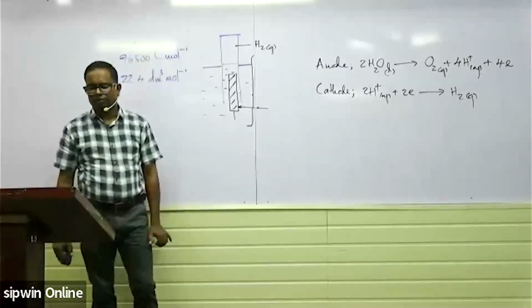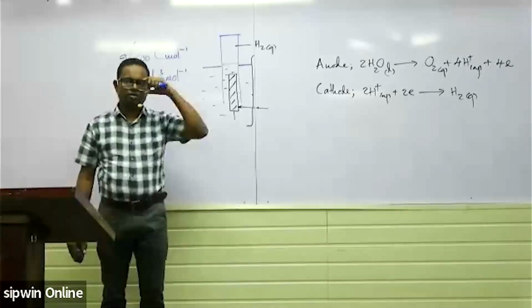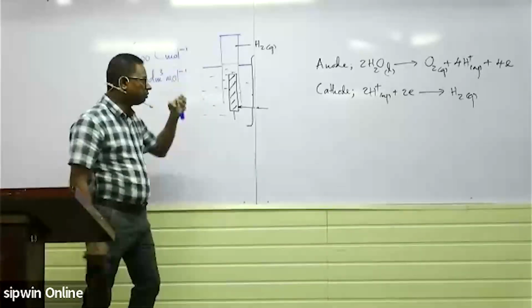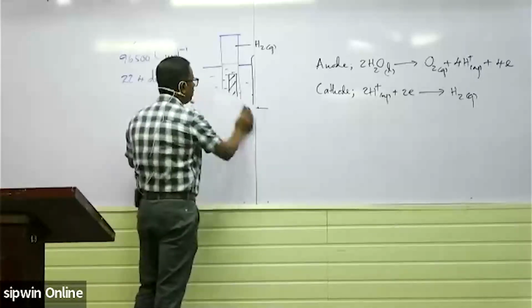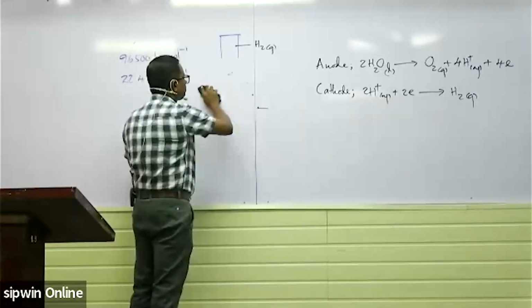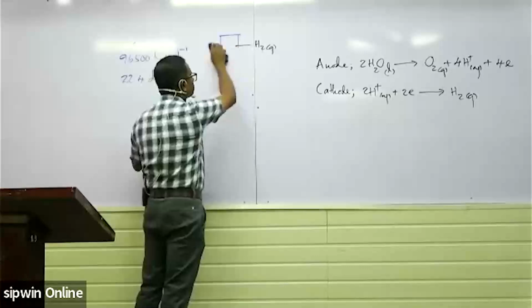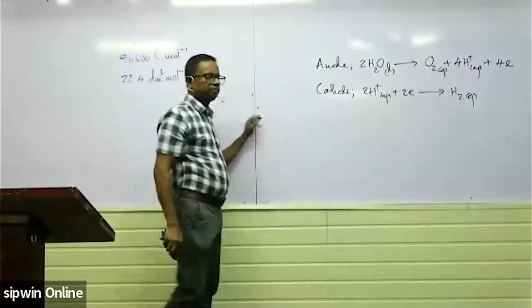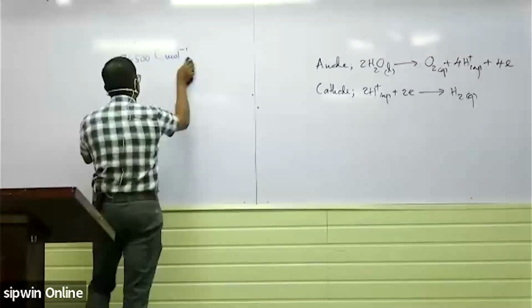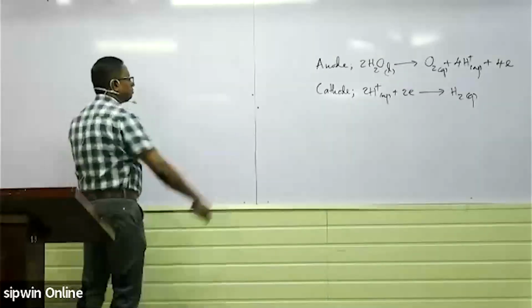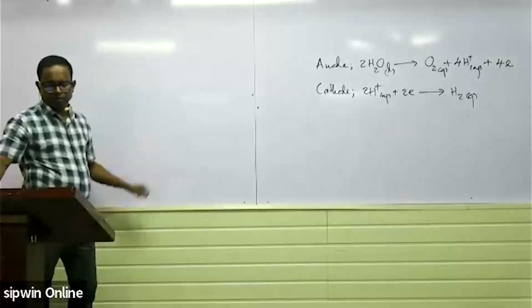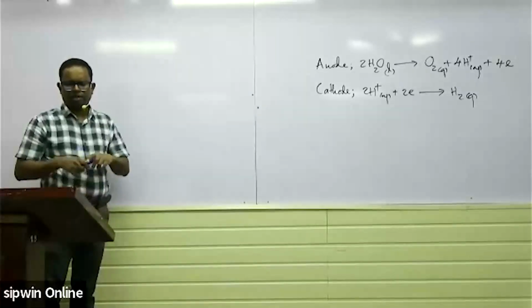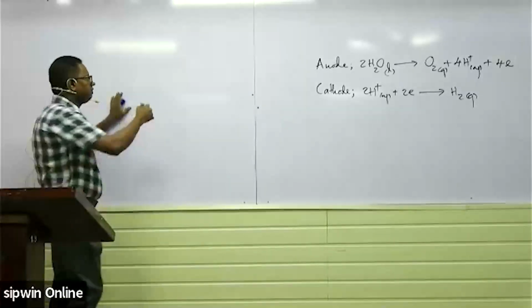Clearly, amount of coulombs passed, Q equals I t. I is given as 150 ampere.